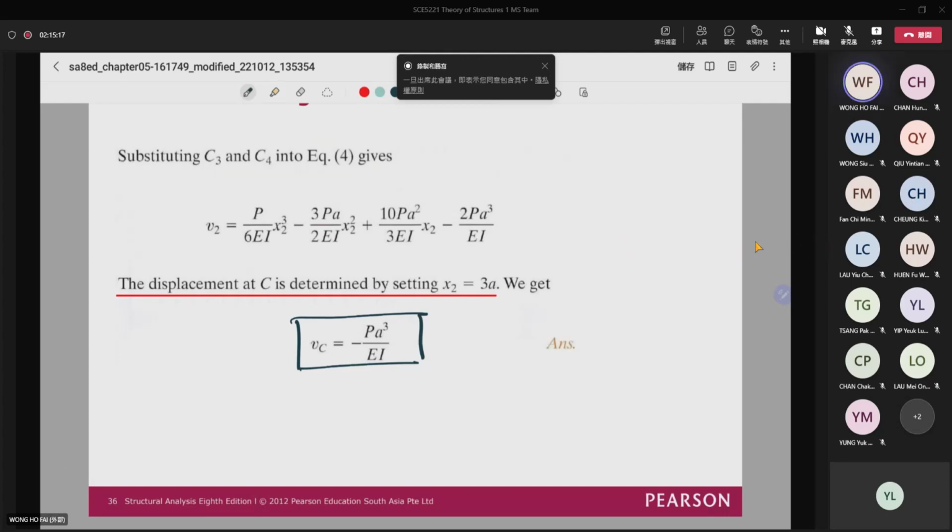Then we can use a deflection like that to find the answer. But this one actually, if you have taken the so-called mechanics of materials, we have mentioned this method before. So this part is actually something that you should have learned before. So it is a kind of revision.